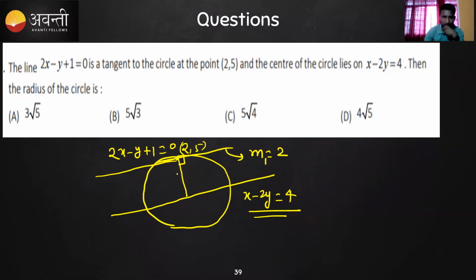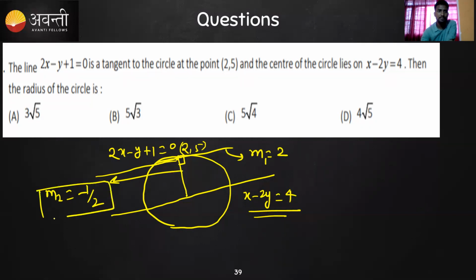And if this line is perpendicular, then m2 will be minus 1 by 2. Everyone knows. So now we have this slope and we have this point. So what can we do now? We have to just find the point in here.